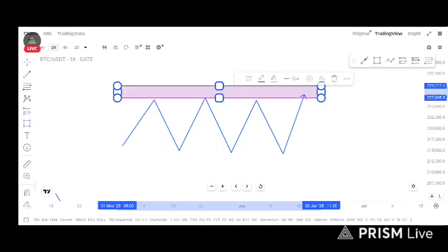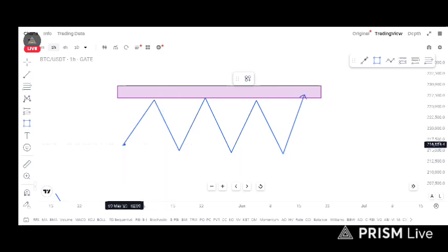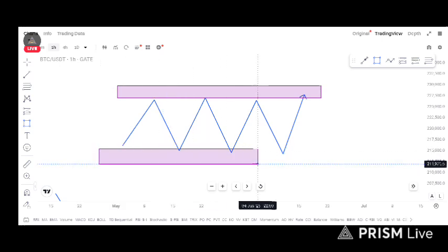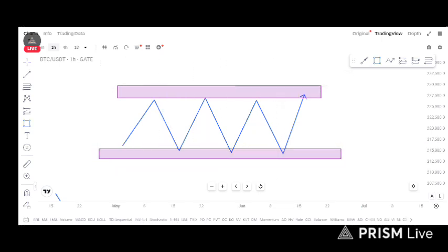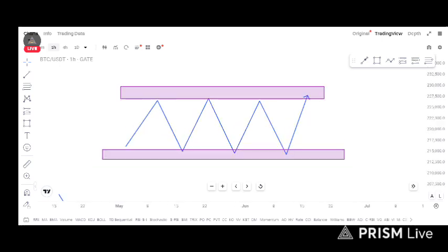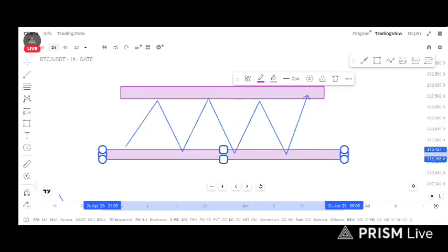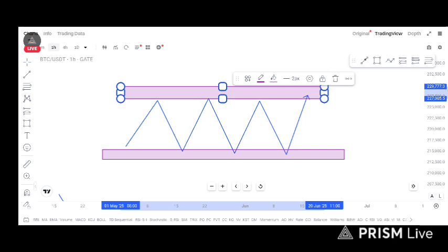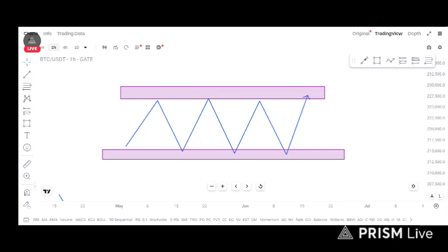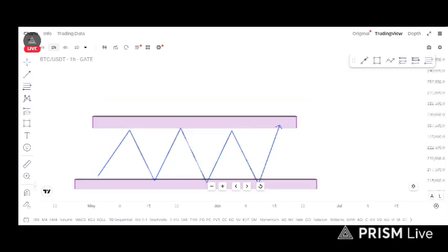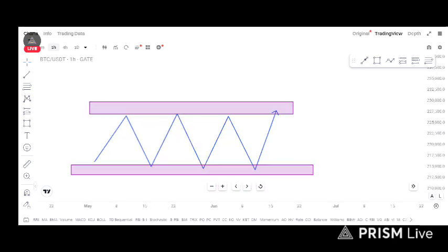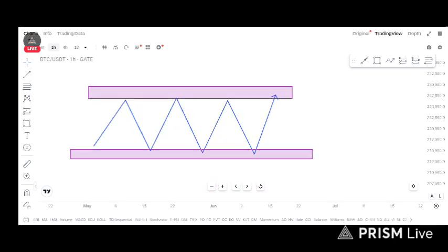It's just hitting a series of support and resistance levels, that's why it's not taking any direction. Until it breaks the support level or resistance level, that's when it starts taking a direction.